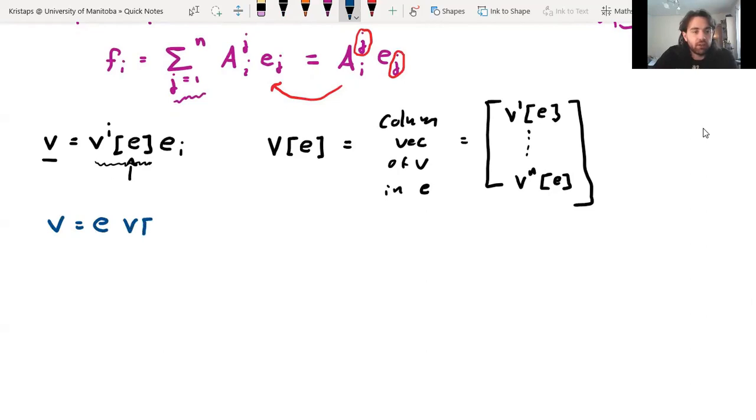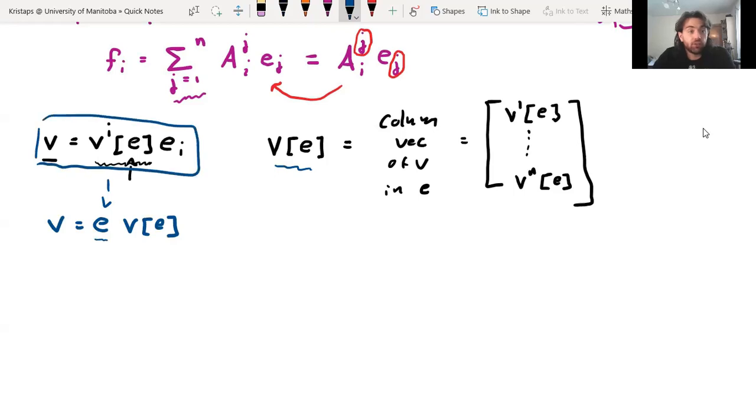If I take this column matrix V at E here, and multiply it by this row matrix, which is just a formal matrix containing the basis vectors E, that is going to reproduce this expression up here and gives us our vector V in that basis.